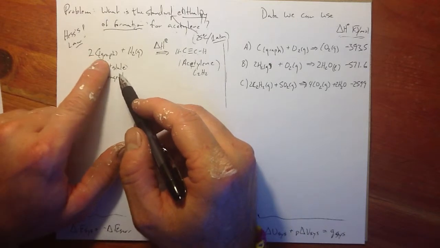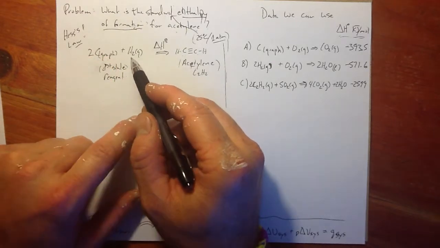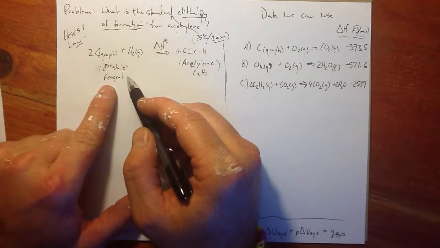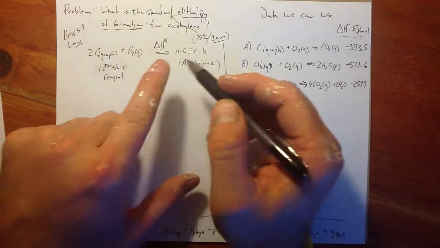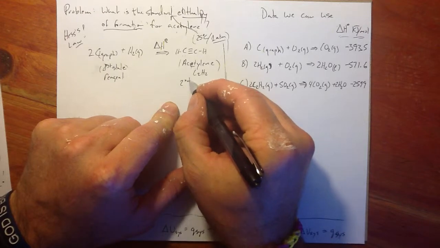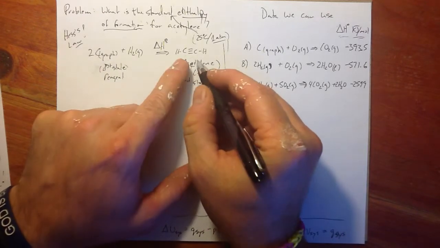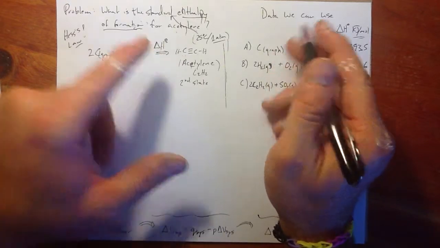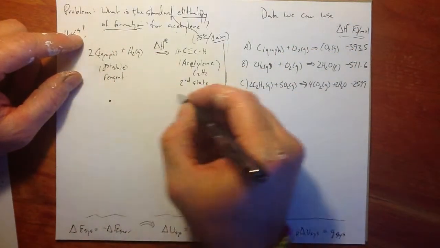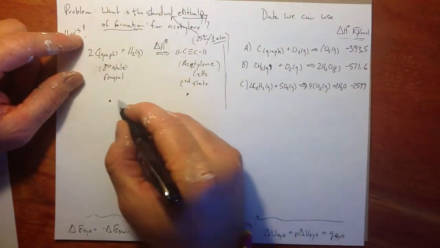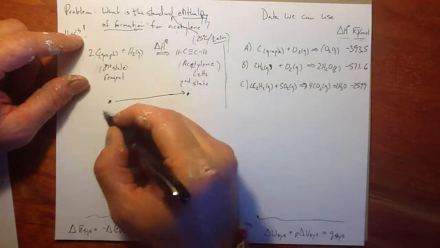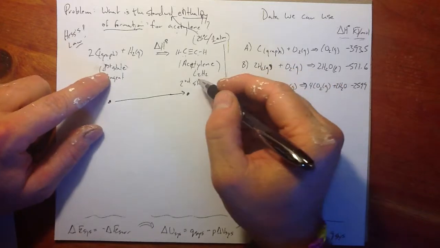So going from 2 moles of carbon in the graphite form plus 1 mole of hydrogen in the gaseous form, first state, if that reaction is completed and I go to second state, all acetylene, how much heat is given off or taken in? So that's kind of the idea. We want to go from one state to this second state. So I'm using dots here to represent the states.